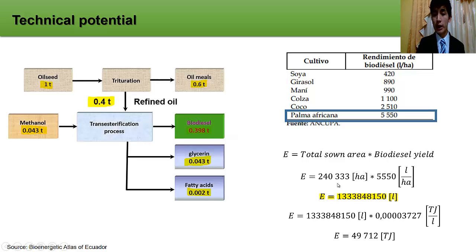With this value, we can multiply the total zone area and the biodiesel yield, so we can obtain the amount of liters of biodiesel production in one year. To obtain the energy, we multiply this by the typical calorific power of the biodiesel of African palm oil, and we obtain this value of energy, which is almost 50,000 terajoules.